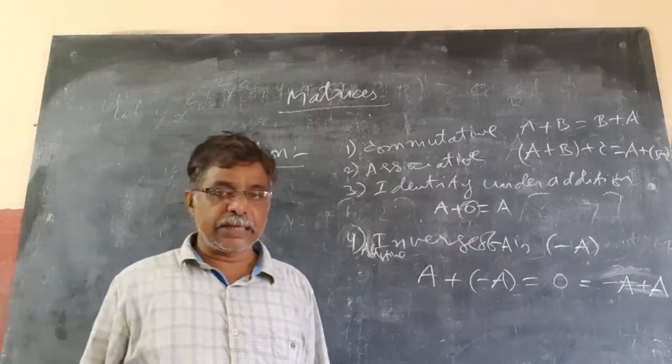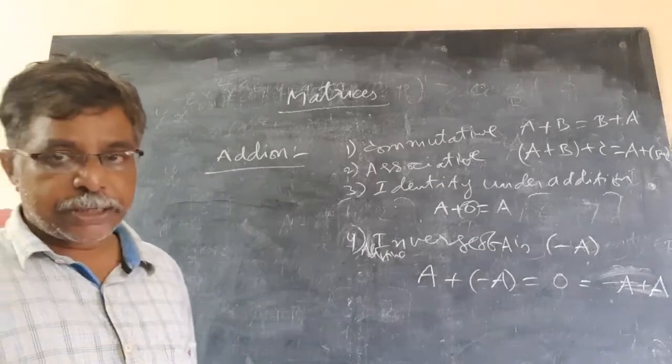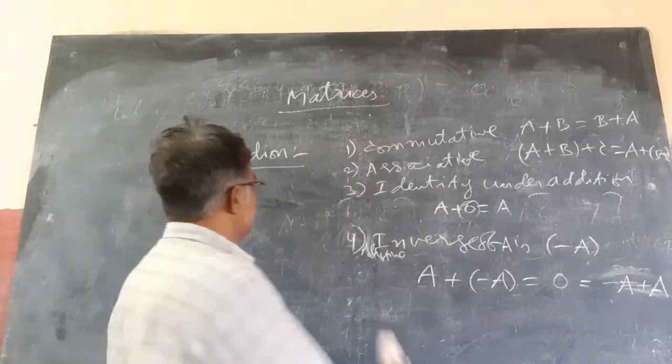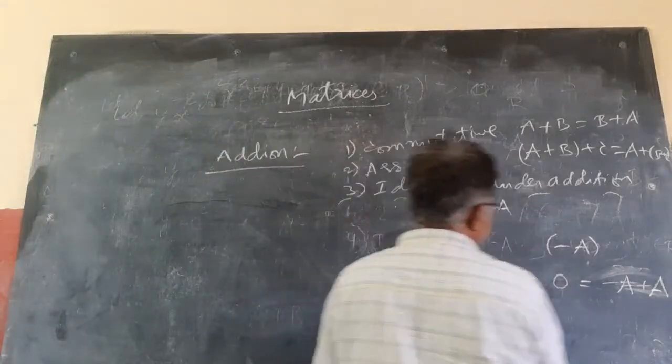Addition is associative as well as commutative. All these properties we already discussed. Next, multiplication properties.